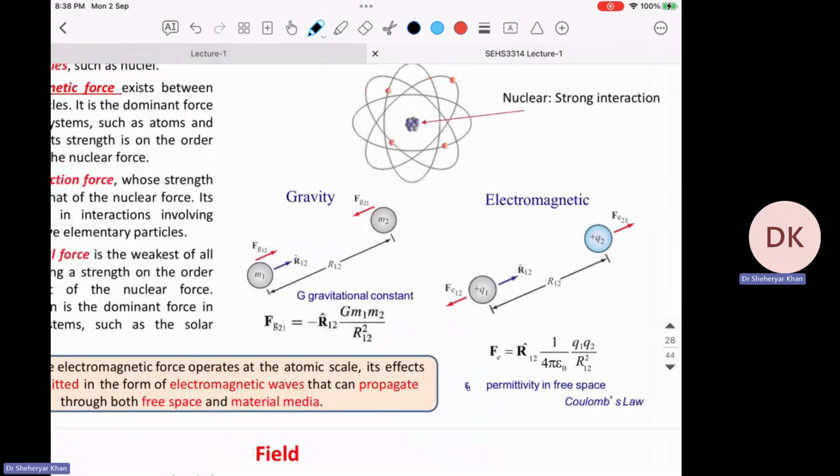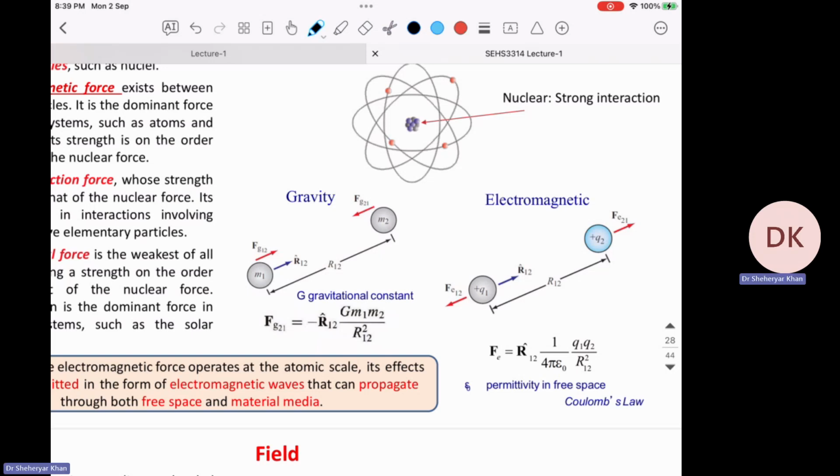Can anybody tell me what's so special about this force? Whether this force increases or decreases, when it increases, when it decreases, what's the impact on this force from this equation? Anybody? Just an example. Yeah. If the mass is bigger, the force is higher, right?